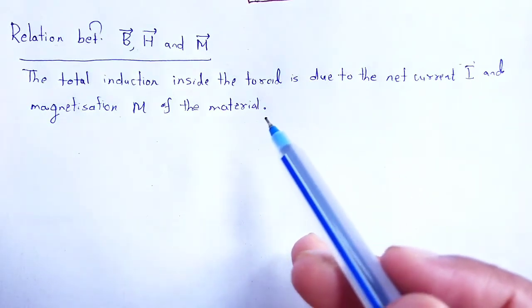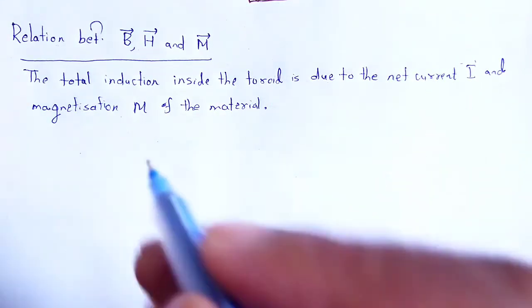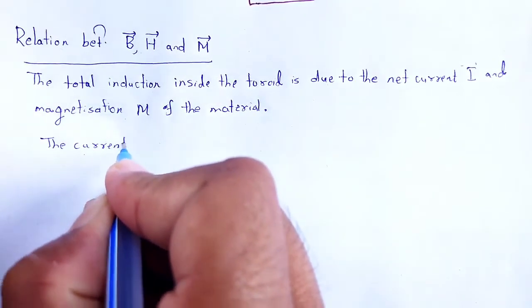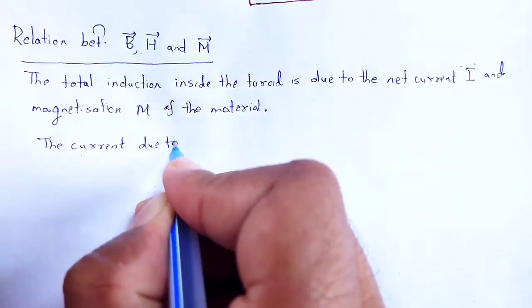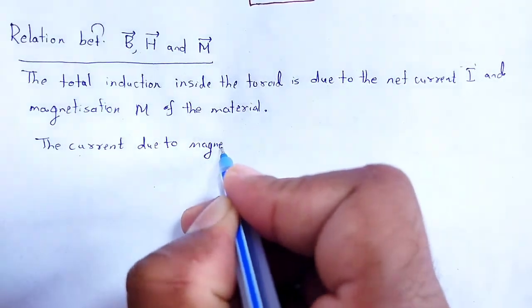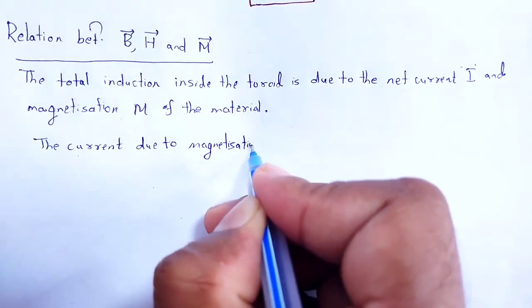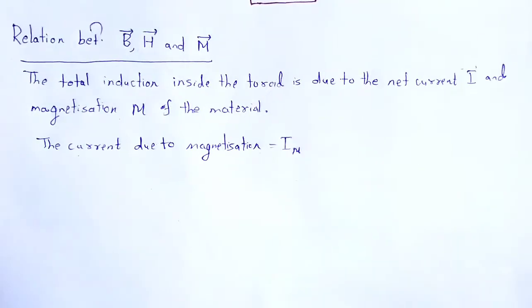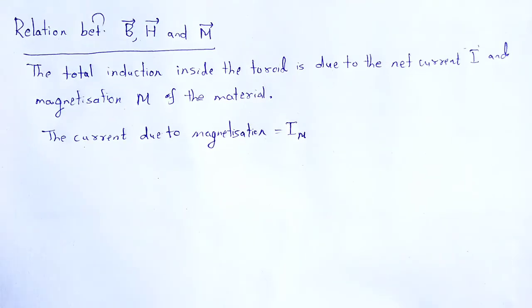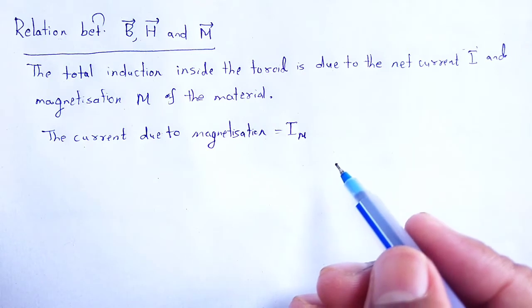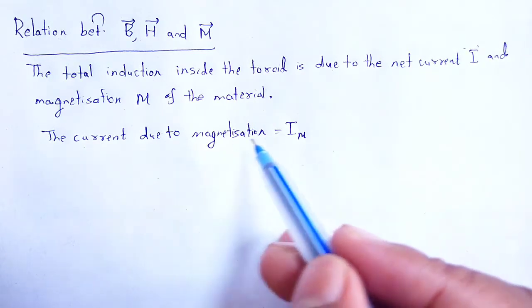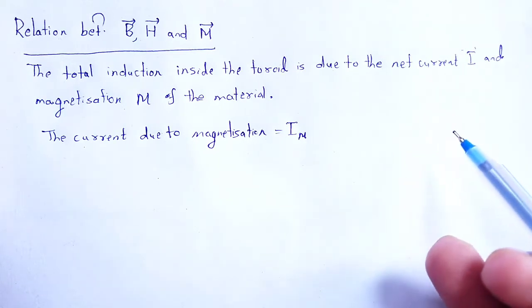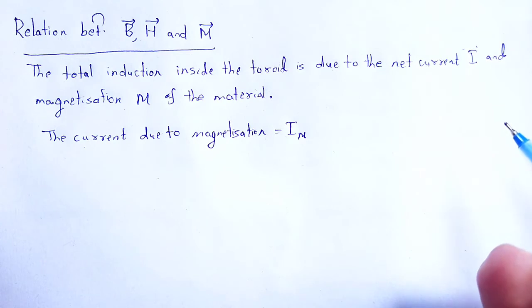Then the current due to magnetization is equal to Im, and it produces the magnetization M here.